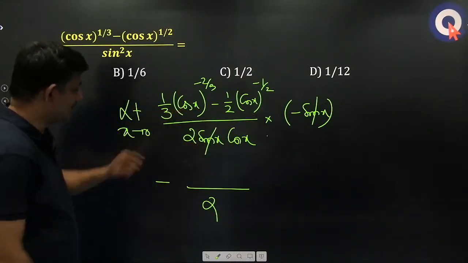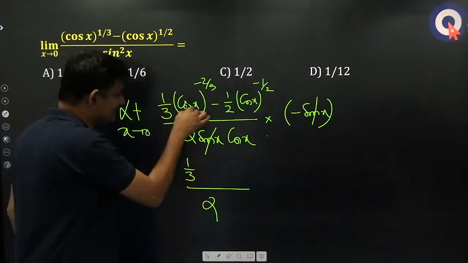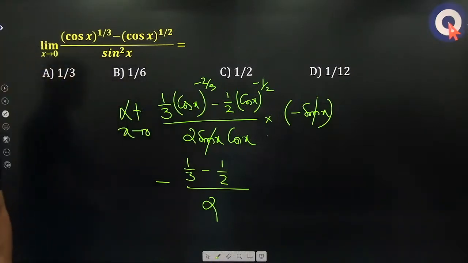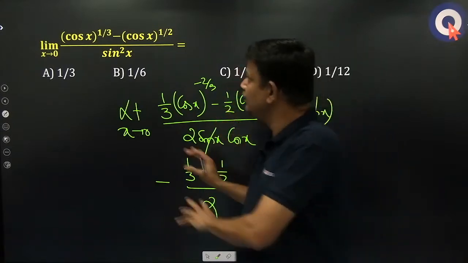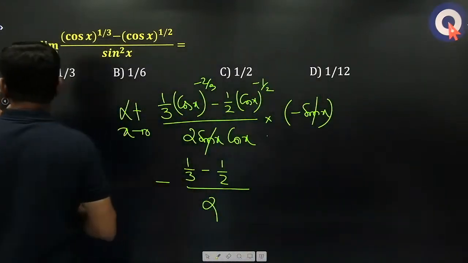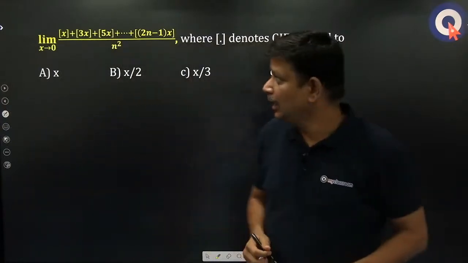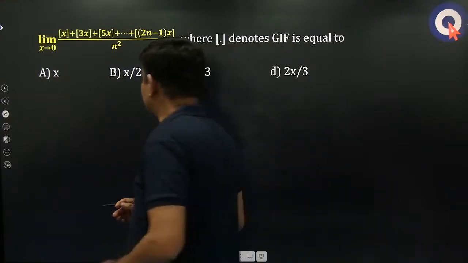This is also 1. So, 1 power whatever is 1, 1 by 3 minus 1 by 2. That will be your answer. Okay. So, a very simple question. You don't need to back off by whatever it looks like. Just go on doing what you want to do. Don't ever get stuck. You will get a lot of easy questions in advanced too.